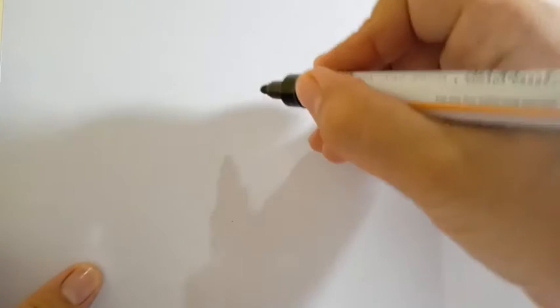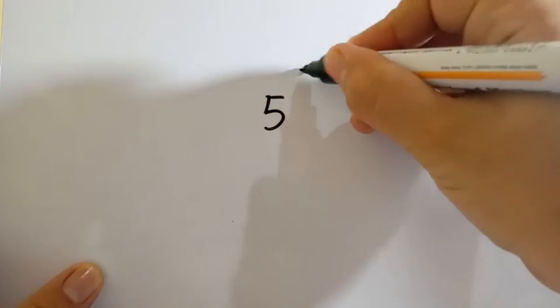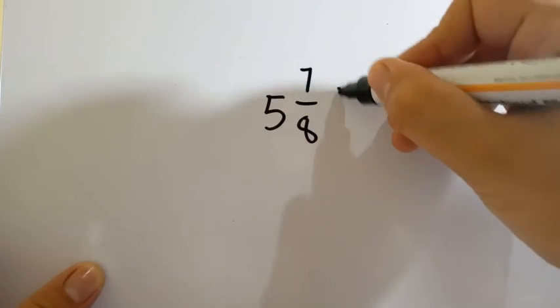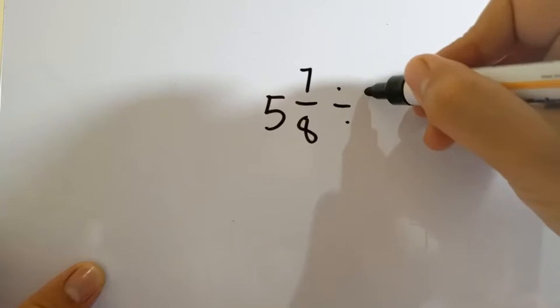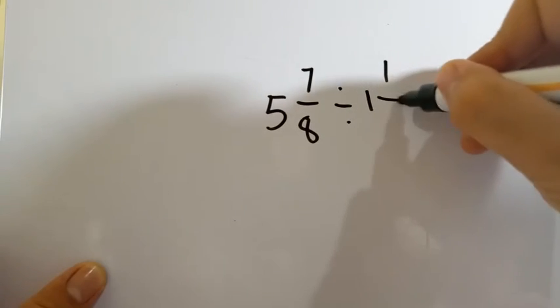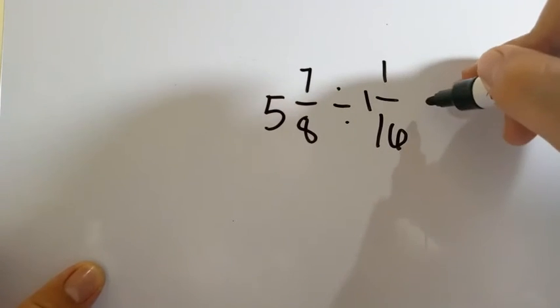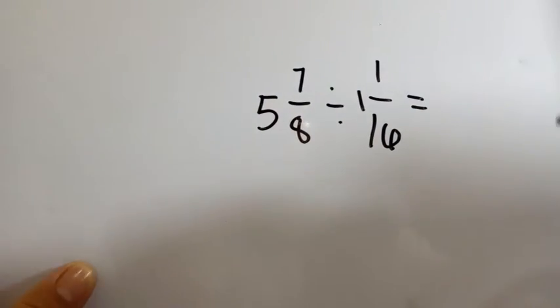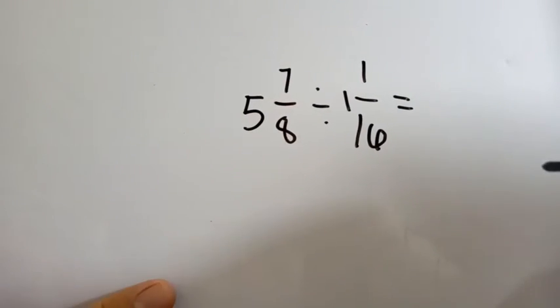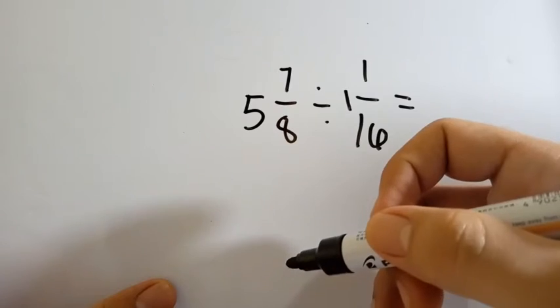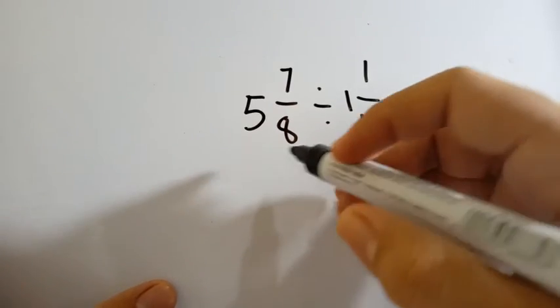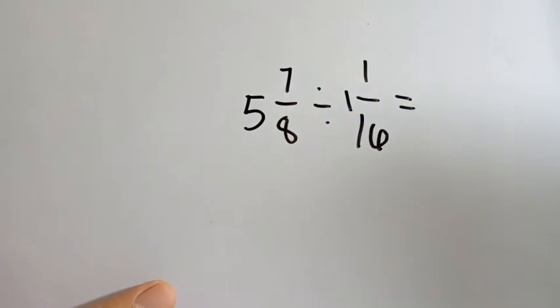Alright. Okay, another example is 5 and 7/8 divided by 1 and 1/16. Okay, so what should we do? We should change into improper fractions.